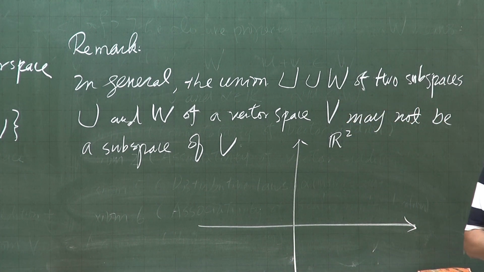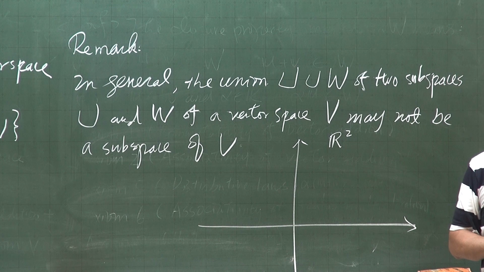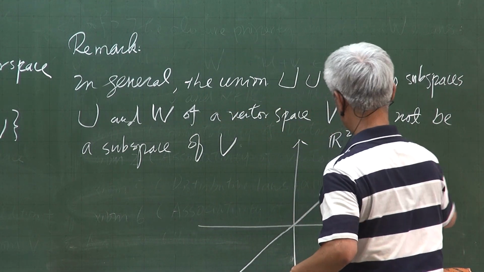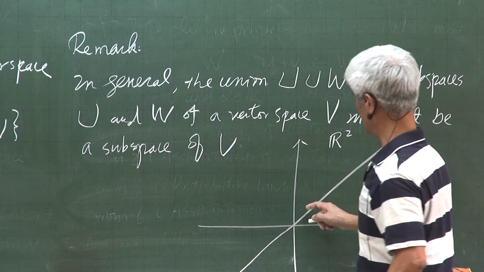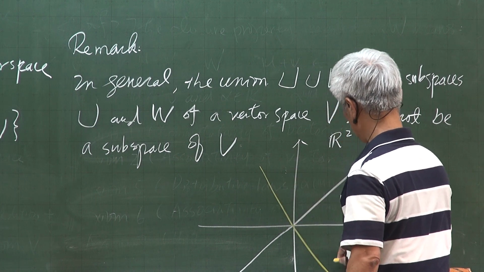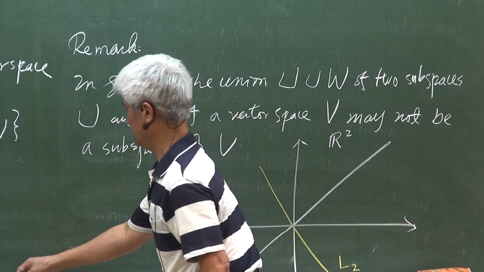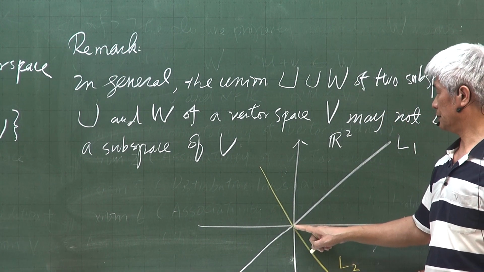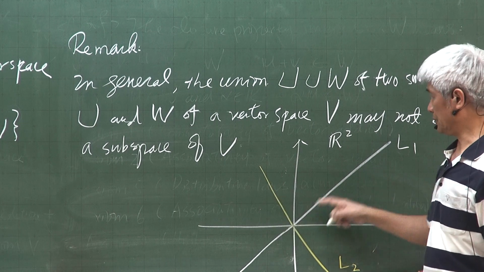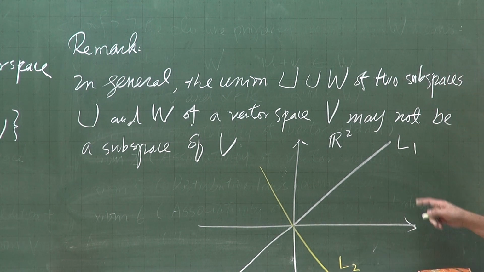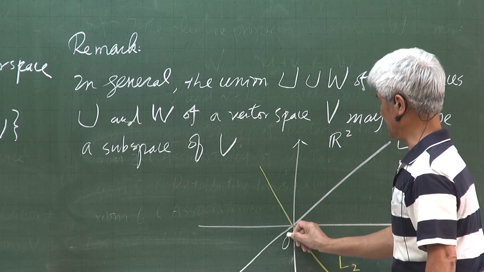Okay, so this is the plane. The plane is a vector space of two-dimensional vectors. And a line is a one-dimensional subspace. So this is a line here and a line here. So this is line 2, line 1. A line passing through the origin is a subspace, because they're all passing through the origin here.